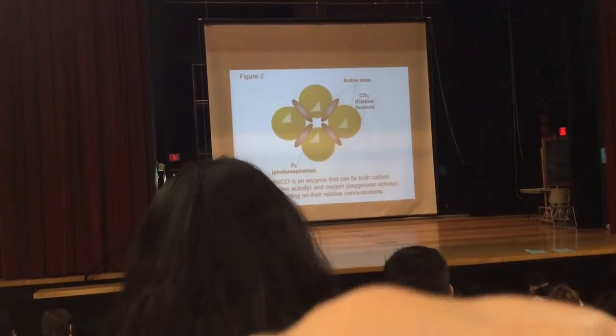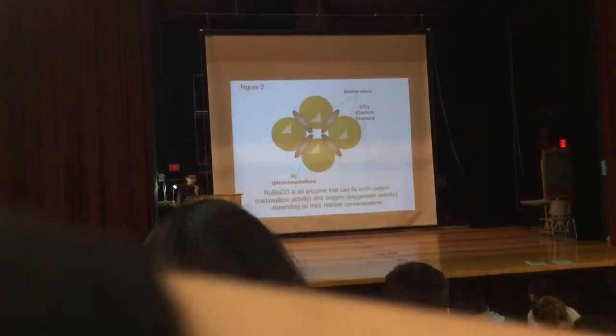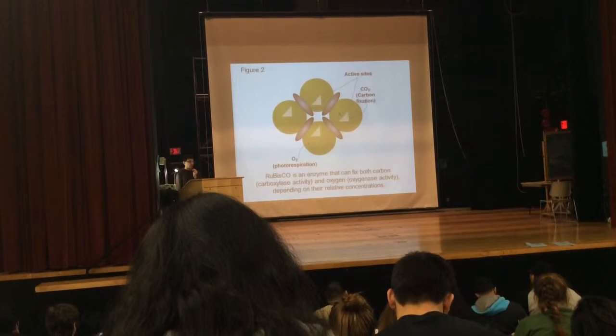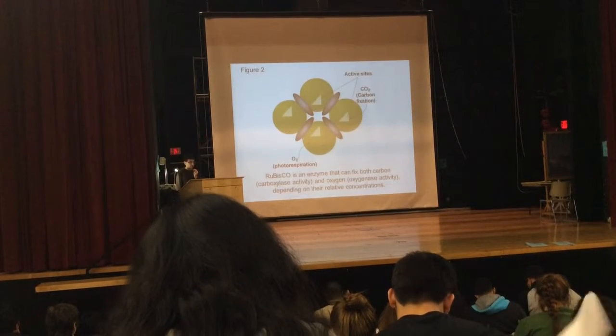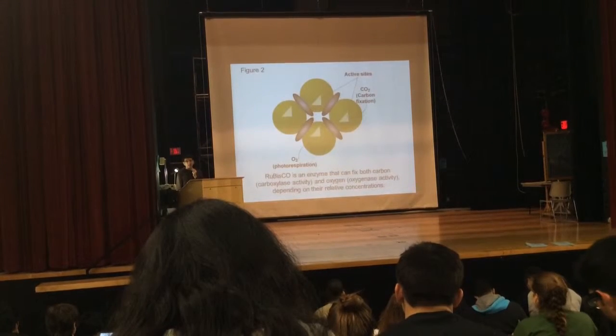So one thing you should know is that this enzyme, Rubisco, the most abundant protein on the planet, happens to have binding sites at its active sites for carbon dioxide, which also happen to bind oxygen. So oxygen can bind to the active site of Rubisco. This is a problem.